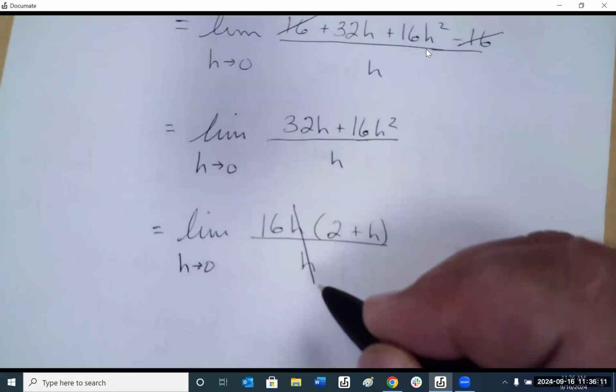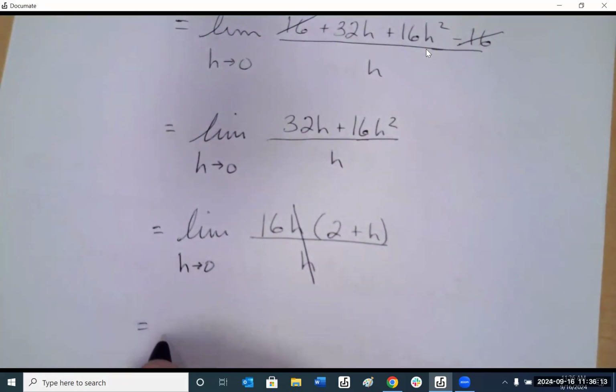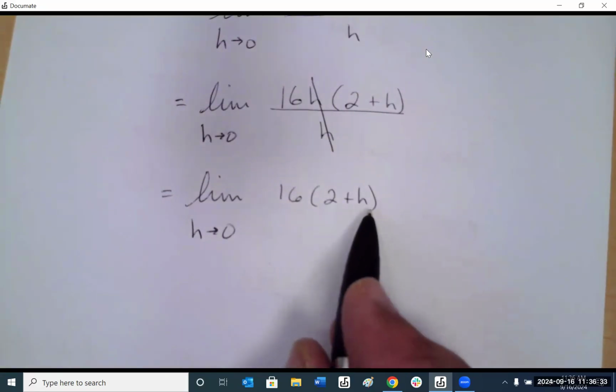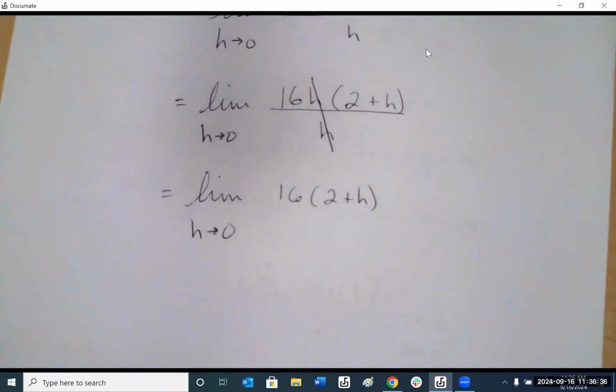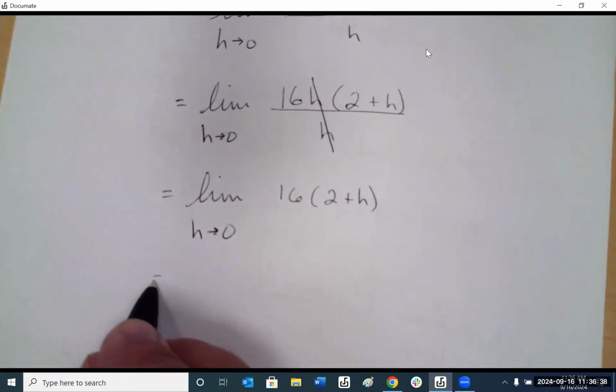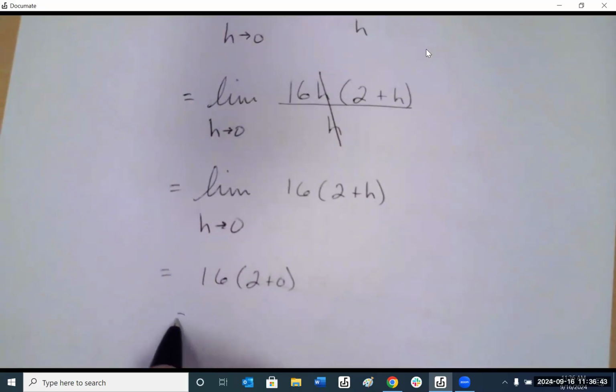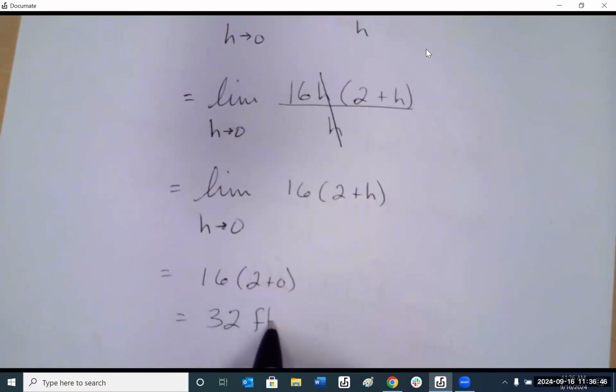The h's cancel. We have 16 times 2 plus h. As h goes to 0, we get what? 32 feet per second.